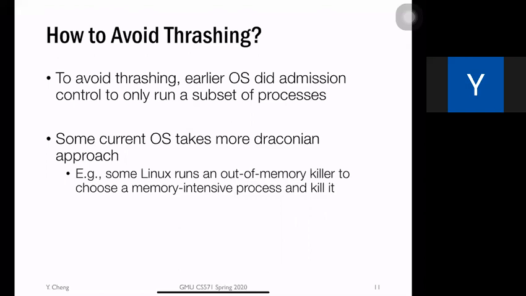So they do this proactive admission control, which always guaranteed that a limited number of programs could run concurrently. Okay, so this is some proactive admission control. And some later generations of operating systems take a more so-called draconian approach, right?